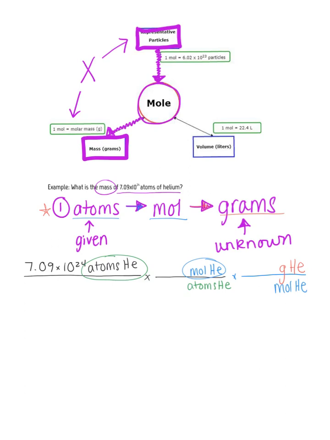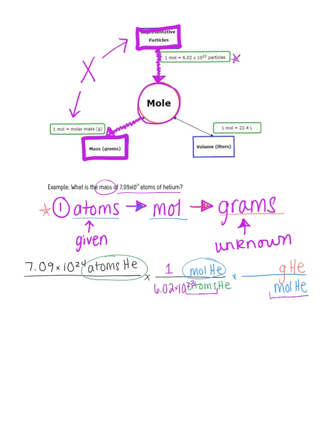So what we have to look at here is this first fraction, where we're looking at moles and atoms. When you're converting between moles and atoms, you want to use the conversion factor that 1 mole is equal to 6.02 times 10 to the 23rd particles. So 1 mole is equal to 6.02 times 10 to the 23rd atoms.